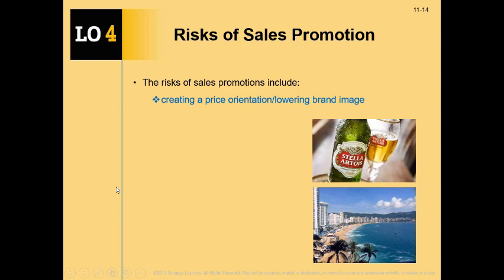What is the risk of using so much sales promotion? Well, the risks are mostly that if you use sales promotion in excess and your product or your brand is, for example, positioned as a premium brand, a high level upscale brand, you don't want to devalue your brand, and you don't want a perception of lower value if you offer too much of a discount, for example, or so often.